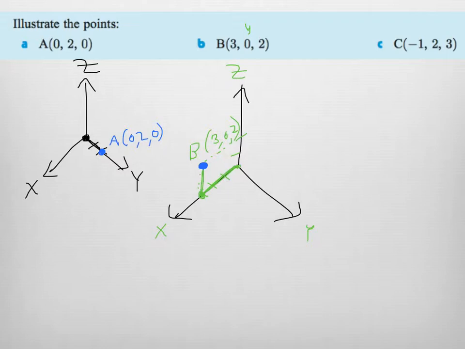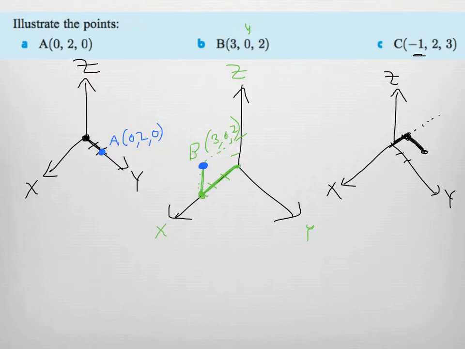Okay, alright, let's do the last one. C: now we're going to introduce negative numbers. So x, y, z. We're going to go negative 1 in the x direction. So if that's negative 1, we're going to go that way. We're going to go 2 in the positive y direction. 1, 2.